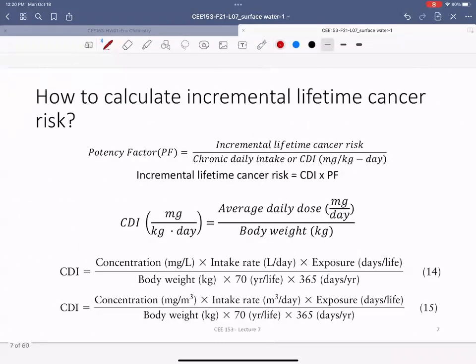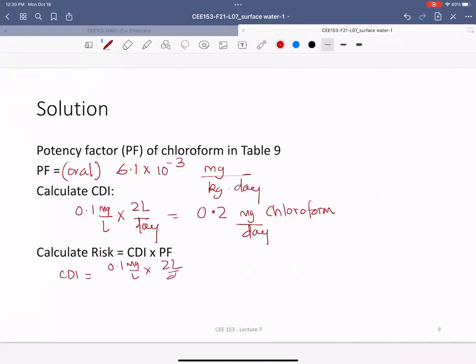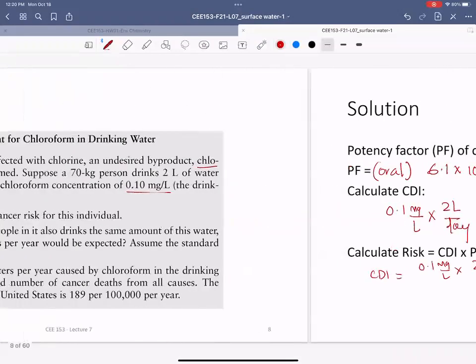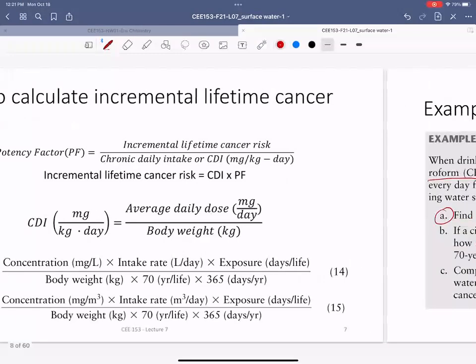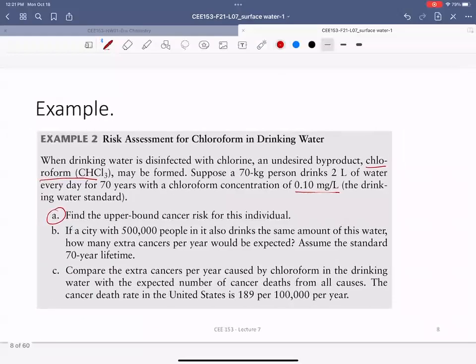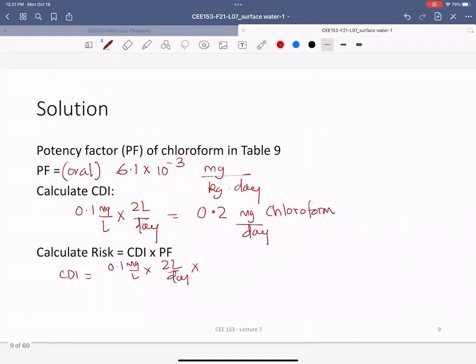So if you see that equation, intake rate, liter per day, so that's 2 liters per day, intake rate times exposure, how many days in life. Well, we assume that that person has been drinking for all the time in life. If it says 5 days a week, or whatever it is, but let's say that's not the case, so the whole life it's receiving.